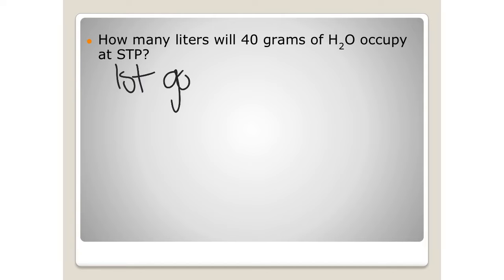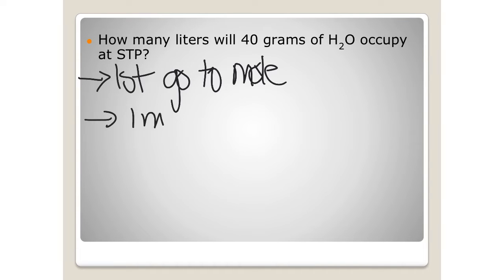Hopefully by now you've realized that that's how chemistry is. Almost always, for every type of problem, at some point we're going to convert to moles. And then once we can convert to moles, we can go to what we need to do. So we're going to first go to moles and then use that STP molar volume: 1 mole equals 22.4 liters.